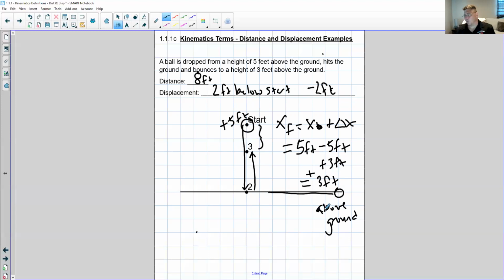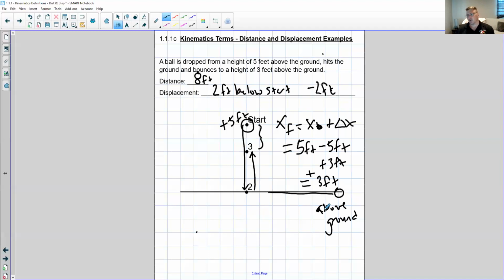Now notice that we're not saying that the ball actually stops at position 3. This just happens to be the motions that we're considering for the ball. The ball may do other stuff after it reaches position 3. It may start at 5 feet, bounce up, go to 3 feet, come back down, and keep bouncing or do other things. We're not concerned about that. We're only concerned about the motions that we've talked about.